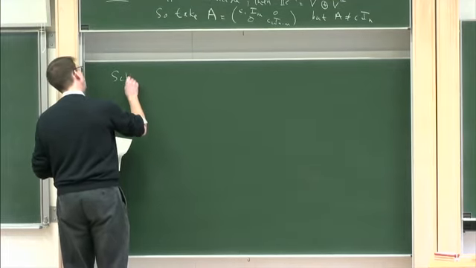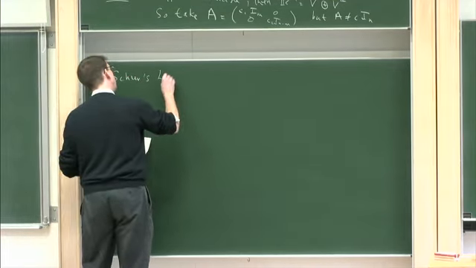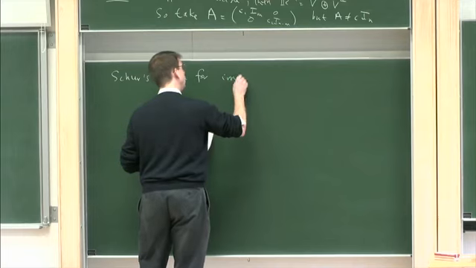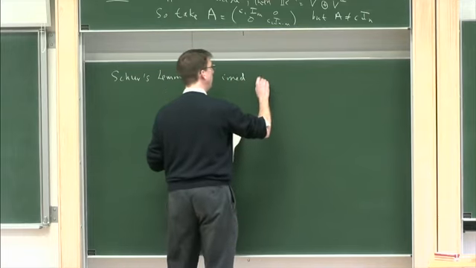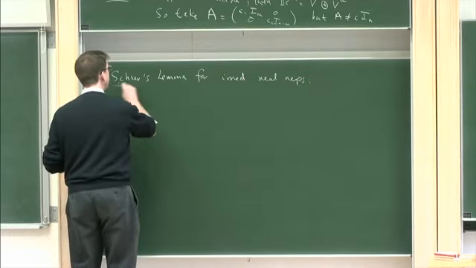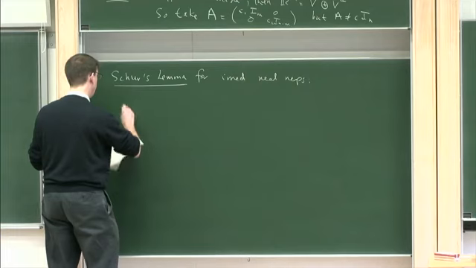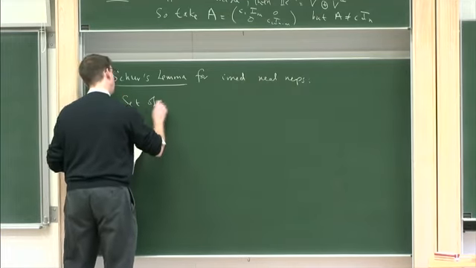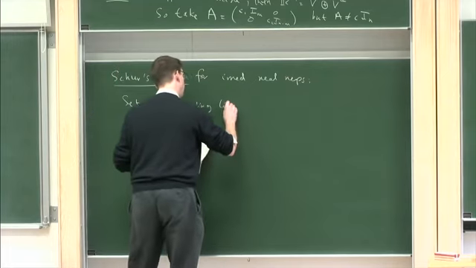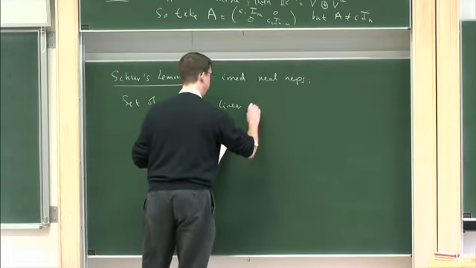So then there's a version of Schur's lemma for irreducible real representations as we've been developing them. So this collection of commuting linear maps, one can ask, what does it look like?